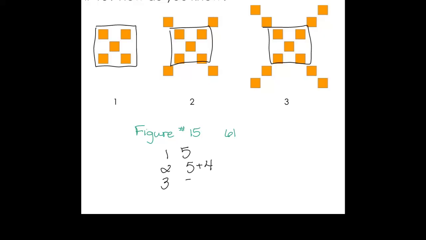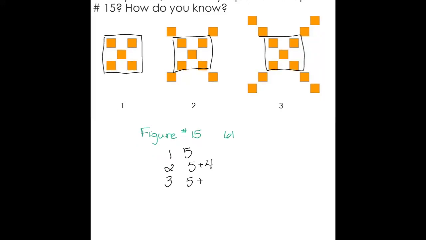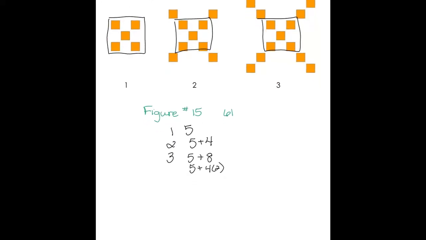The third one you said has 5 plus... Did you say 5 plus 8 or did you say 5 plus 4 times 2? Either way it works. You're right. I'm just wondering how you did it. Or you just added 4 each time? Yeah. Okay. Each time. Okay.